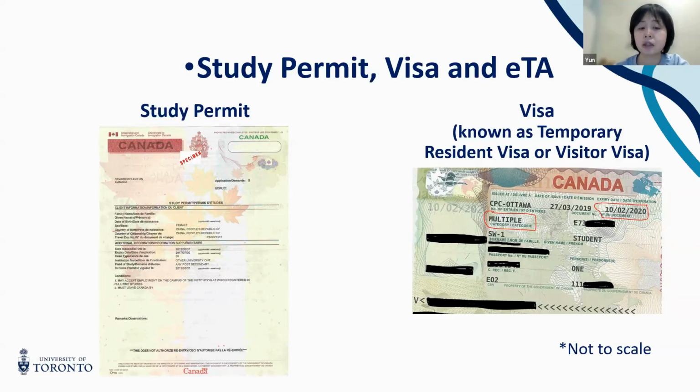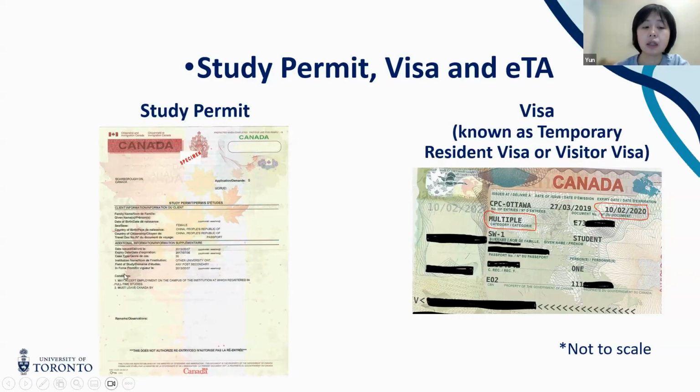Of course, we would highly suggest that you contact IRCC and request a replacement to get the mistake fixed. But again, if the field of study information is not consistent with your real situation, it doesn't affect your ability to study at the University of Toronto. What is important is that you must have the University of Toronto listed as your institution, and it must be valid when you are studying here.